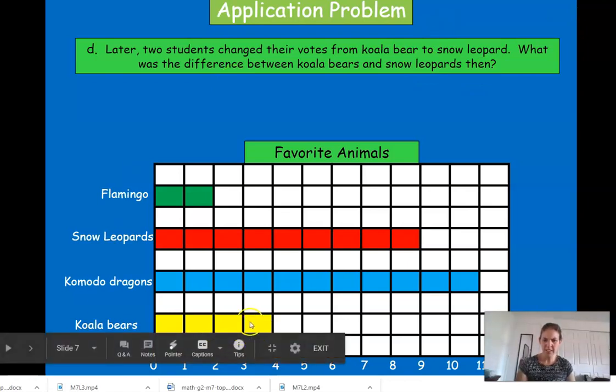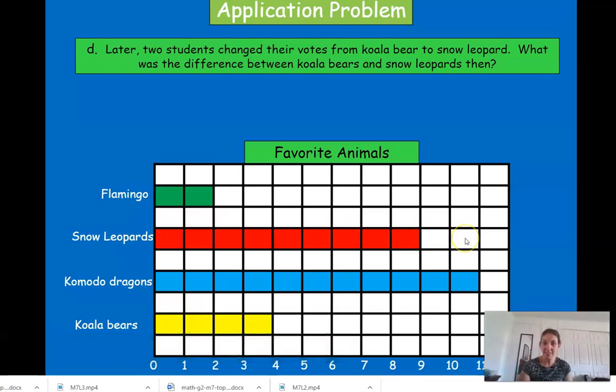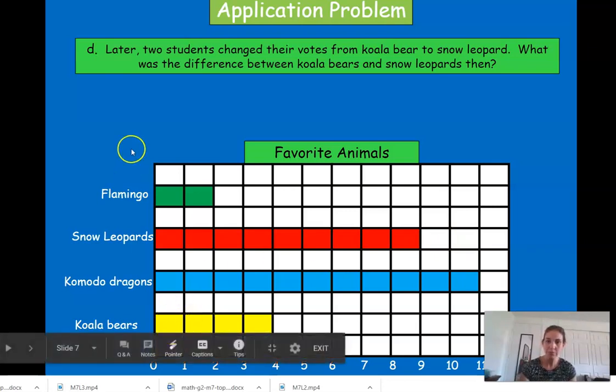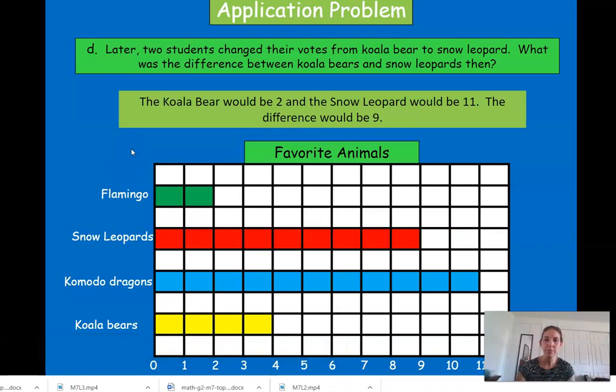So if 2 of these koala bear choices got moved up here to the snow leopard, now we would only have 2 votes for koala bears, and we would have 9 plus 2 more, so 11 votes for snow leopards. So we would subtract 11 minus 2. 11 minus 2 equals 9.